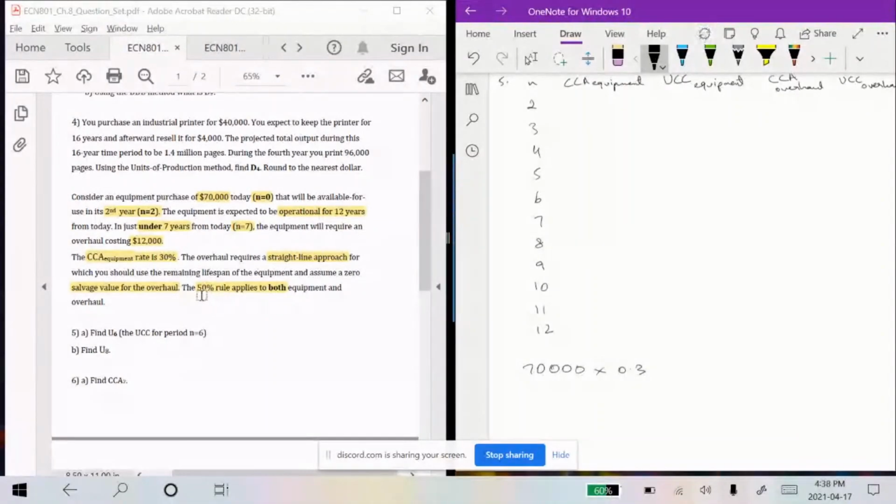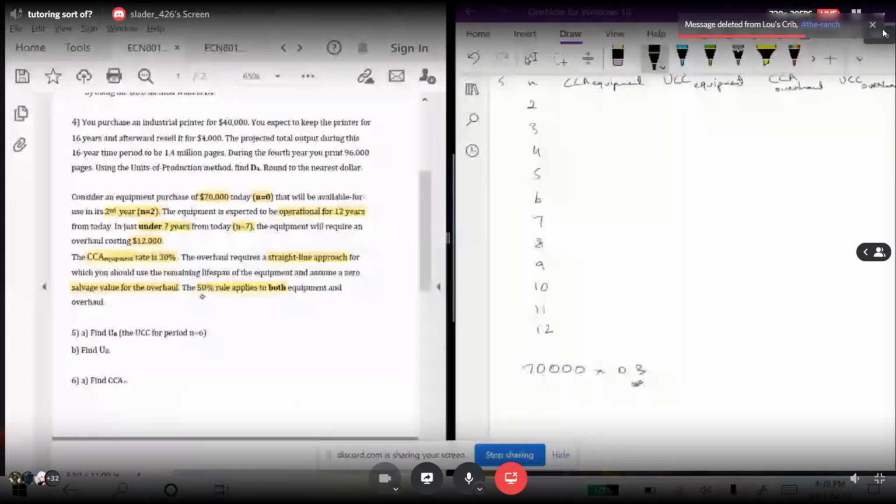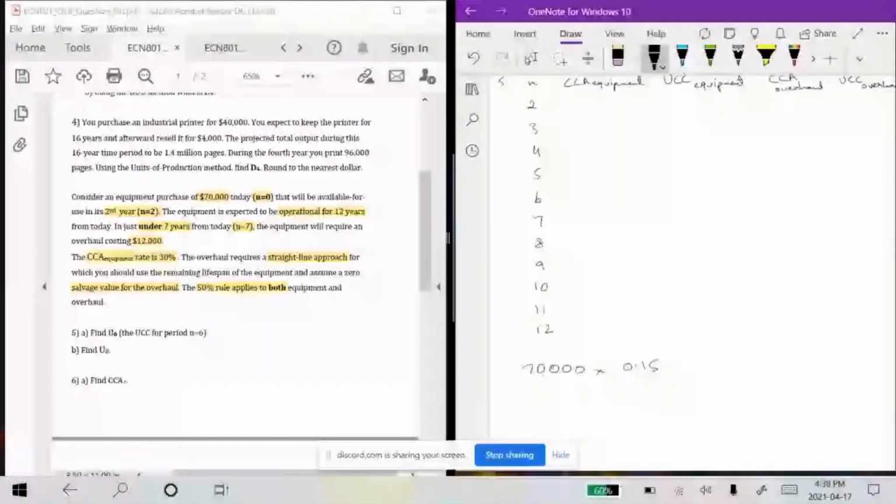What the 50% rule does is that in the first period, instead of taking it at 0.3, we take half of the rate, 0.15. So plugging this into my calculator, you get 10,500 as the CCA cost in the first year. All right, then you just go column wise.